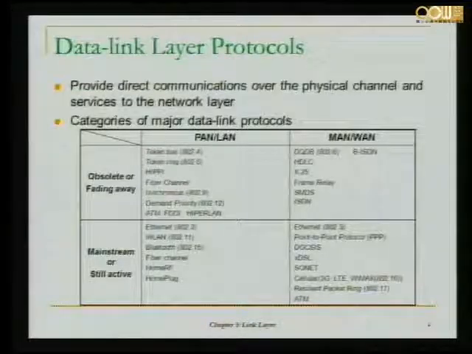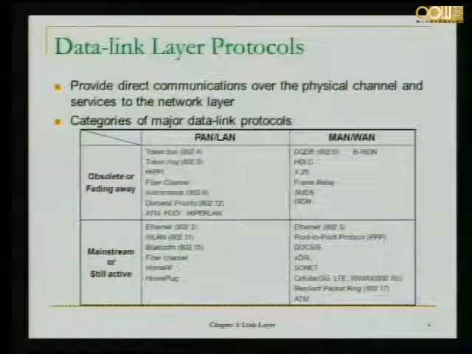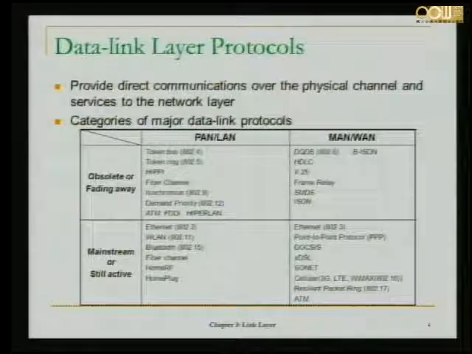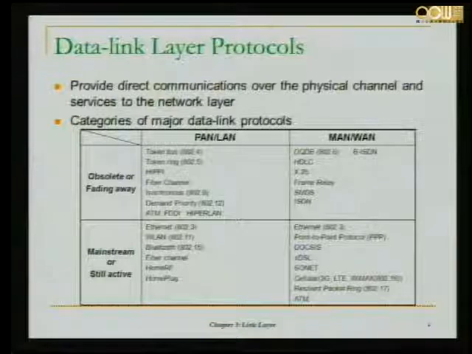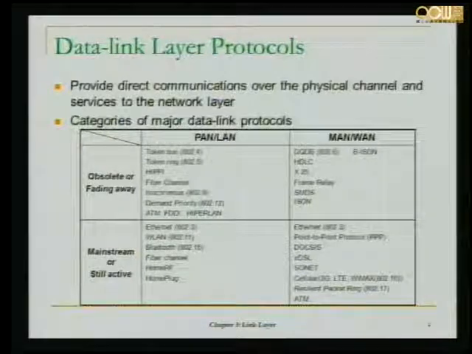And before we look at the concerns on these issues, we look at the popular links that have appeared in history or are still active. Okay, so we put them into 4 categories. The 2 columns are personal area and local area networks, and the other column is metropolitan and wide area networks.